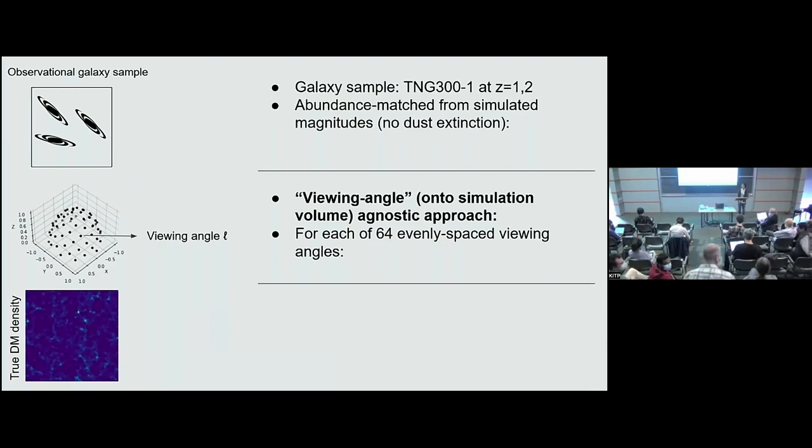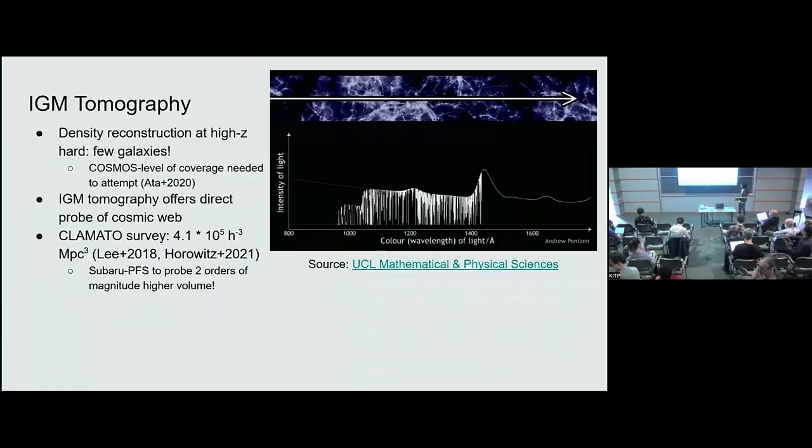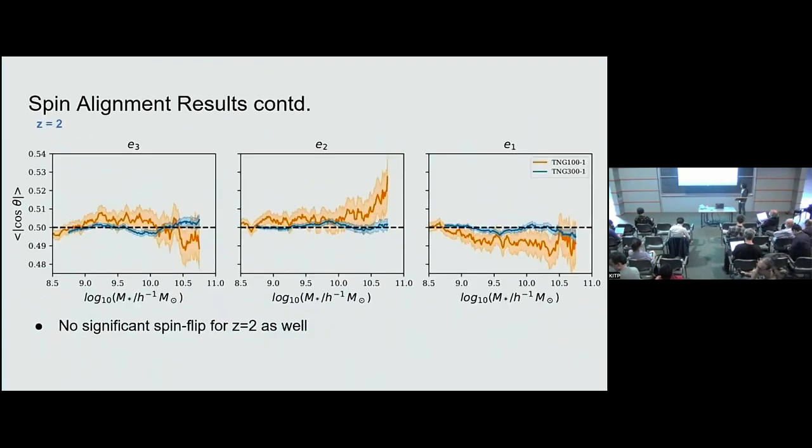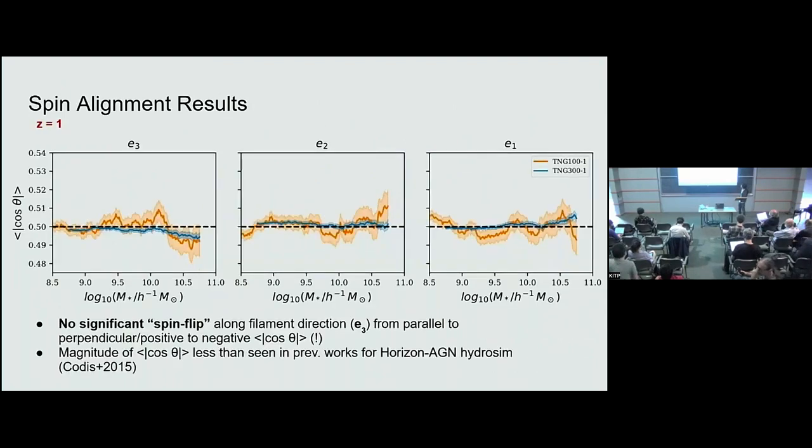Thanks for the talk. It seems to me like there's a little bit of disagreement between TNG 100-1 and TNG 300-1. So I was wondering if you also looked at different resolution versions of the same simulation, like TNG 100-1 and TNG 100-2, and if there's a similar level of disagreement.